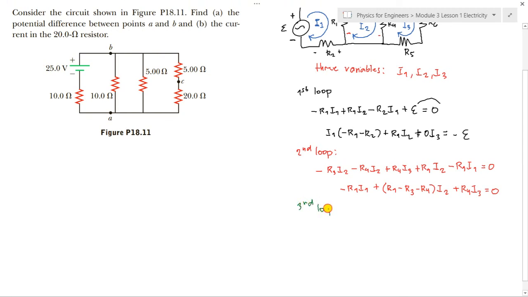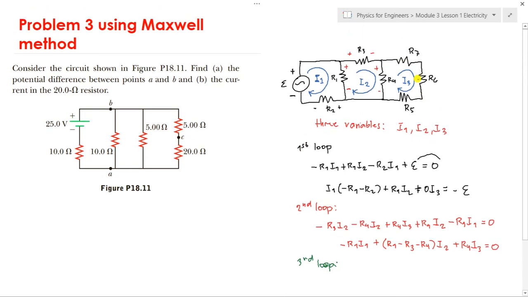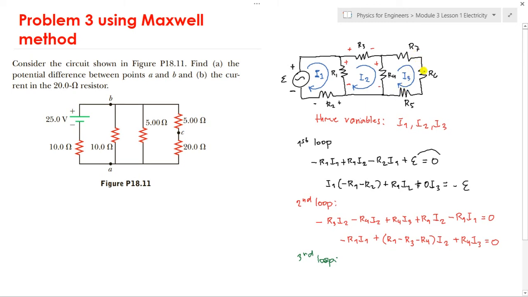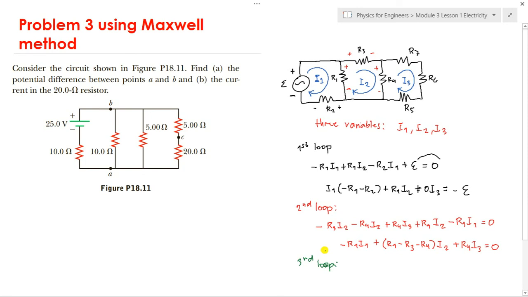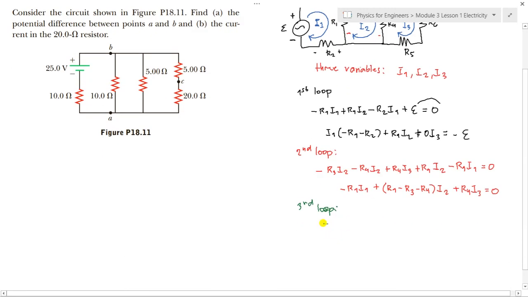For the third loop, the last loop, ang akong sign convention na gigamit is this one. Rotating siya clockwise. So let's start with R7. R7, siya lang interact. Okay? Si R7, the current that interacts for the resistor number 7 is only I3. So therefore, since this is positive and negative, we have voltage drop. So that would be negative R7 I3.